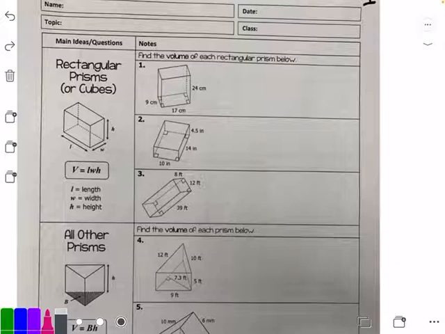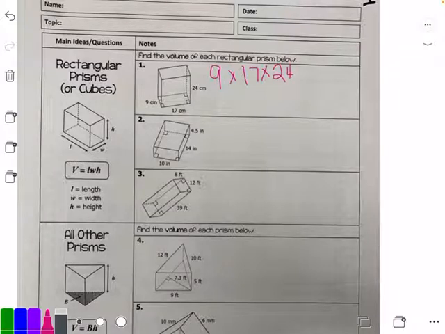So for example, in number 1, we can say the length is 9 centimeters, times a 17 width, and it is 24 centimeters tall.